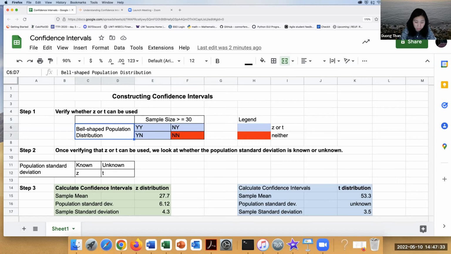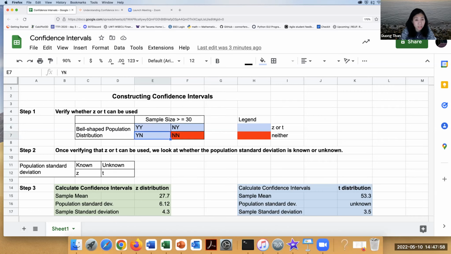For the sample size, you ask whether the sample size is at least 30 or not. For the population distribution, you ask yourself whether the distribution is bell-shaped or not. So this table shows you 4 cases. The first case is yes, yes for the bell-shaped distribution and the sample size.